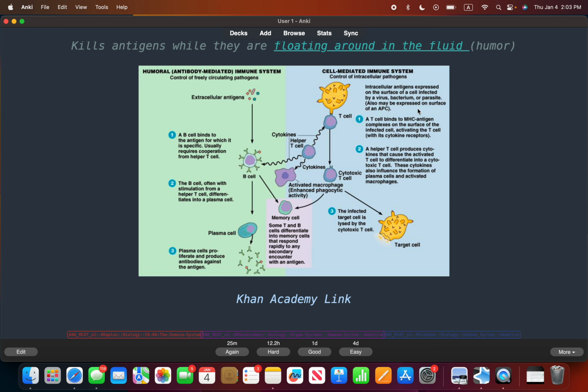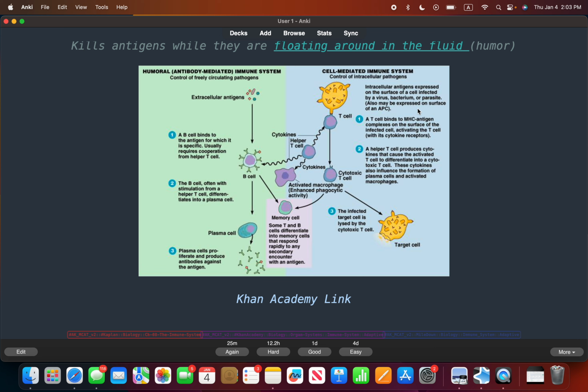If you remember, I don't, so we need to go back to APC and figure that out. And then the first step is that a T cell binds to MHC antigen complexes on the surface of the infected cell, activating the T cell with its cytokine receptors.